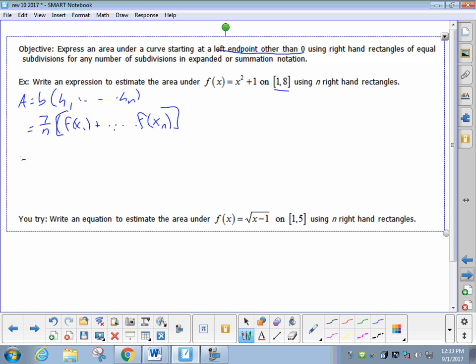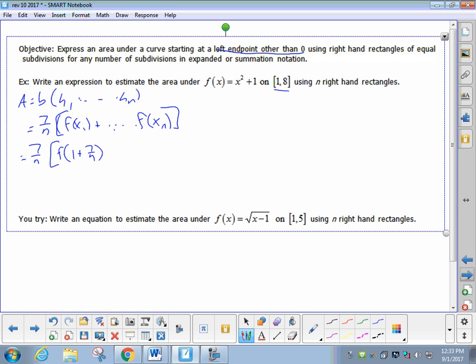Where it starts to be different is what goes into that first x. If I'm using right hand still, what's the first x that goes in? 1 plus 7 divided by n. 1 plus a single delta x over.